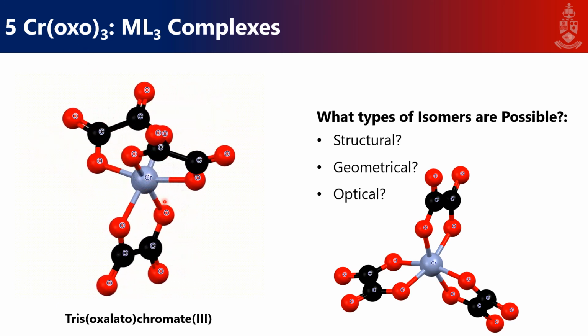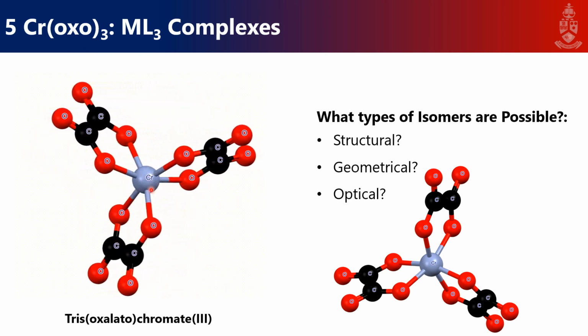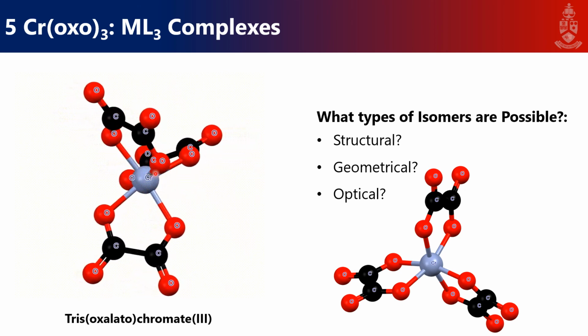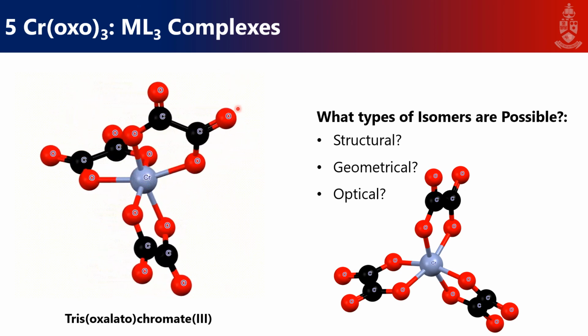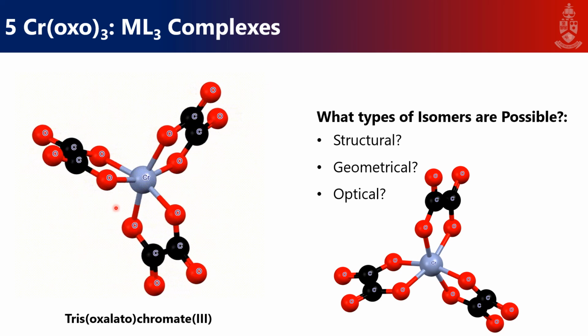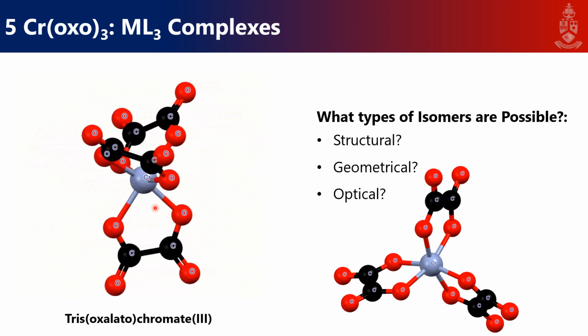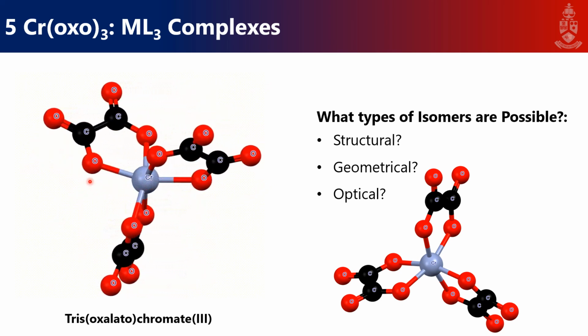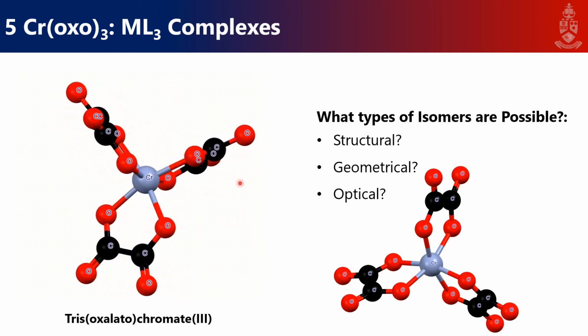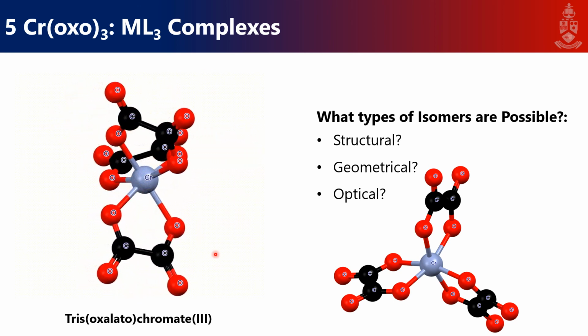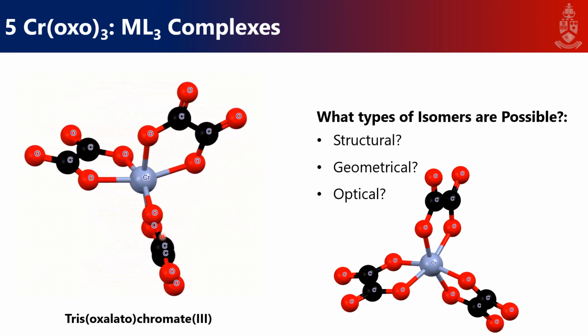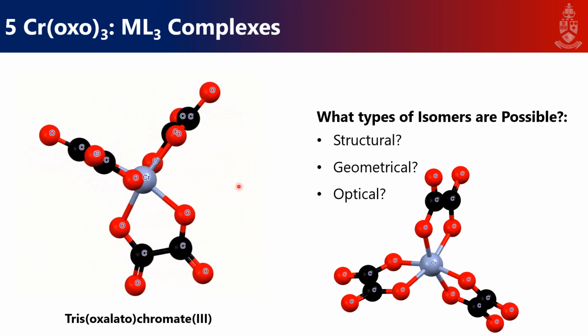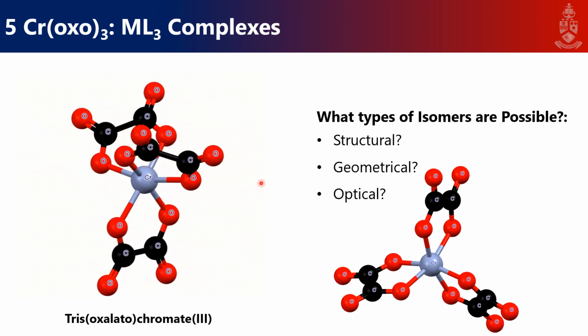Remember the charge. Chromium is in the 3+ state, and there's 6-, in other words, 3-. There must be 3 potassium pluses somewhere. There you can see it nicely. And remember, there's no cis and trans here because they're all the same.